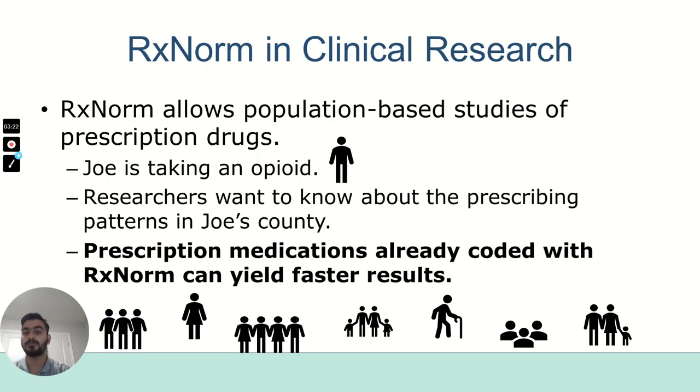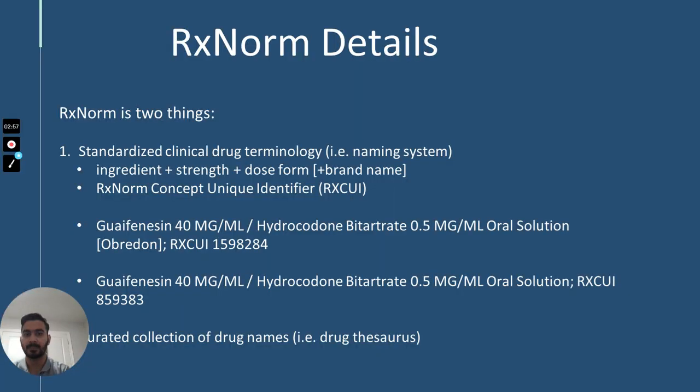This is what RxNorm offers. For instance, in clinical research, RxNorm allows population-based studies for prescription drugs. Like Joe was taking an opioid. Now researchers want to know about the prescribing pattern in Joe's country. RxNorm can help. Prescription medications already coded with RxNorm can yield faster results.